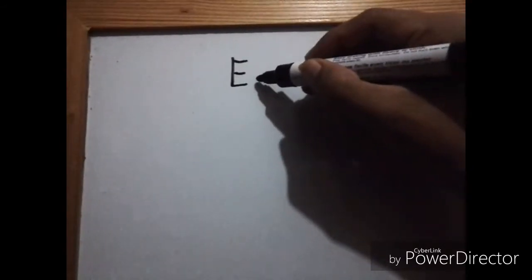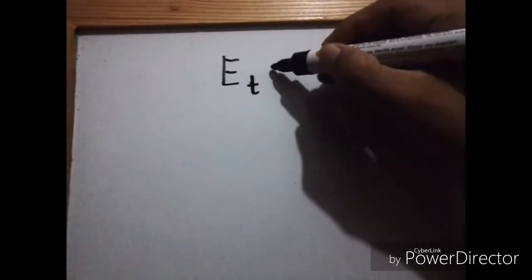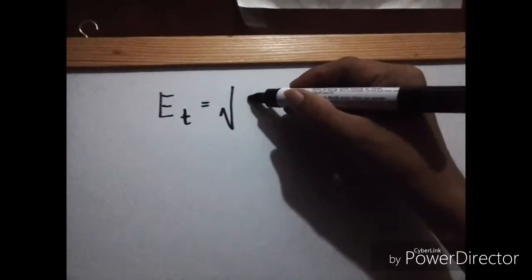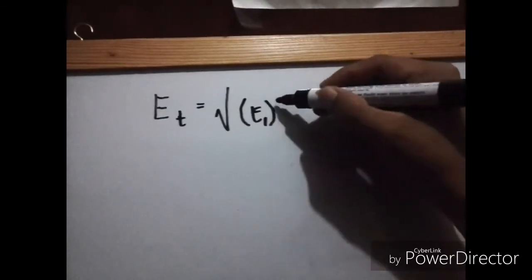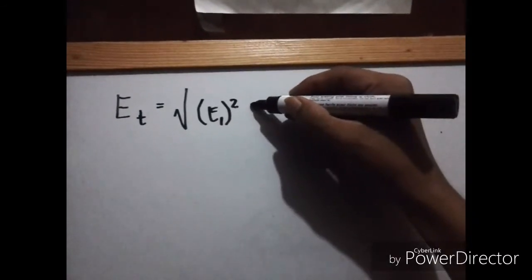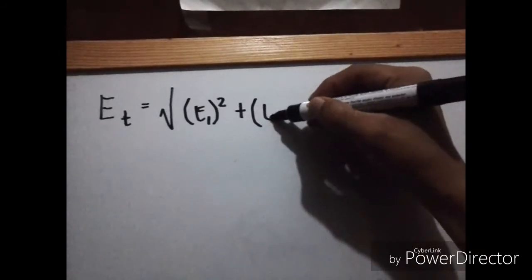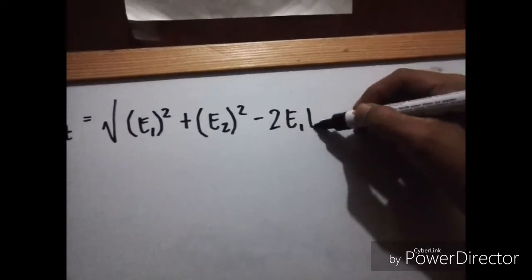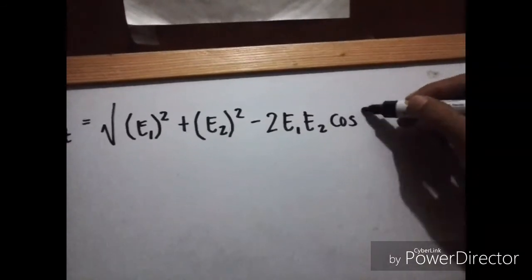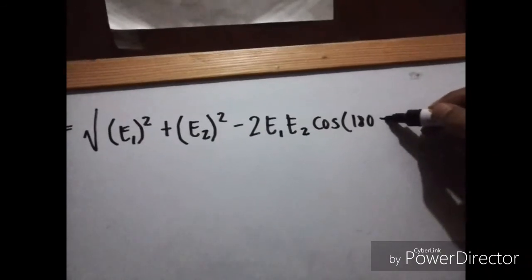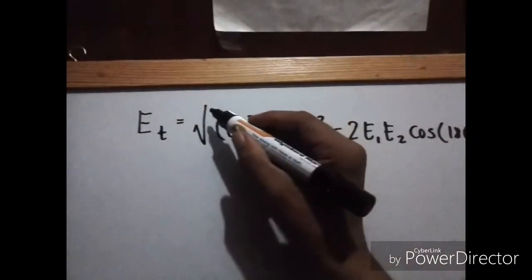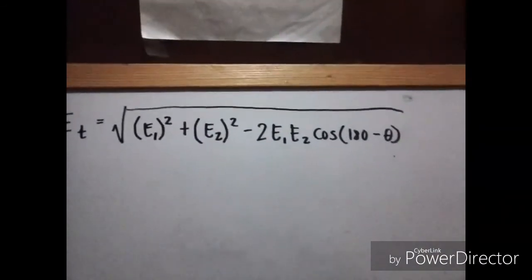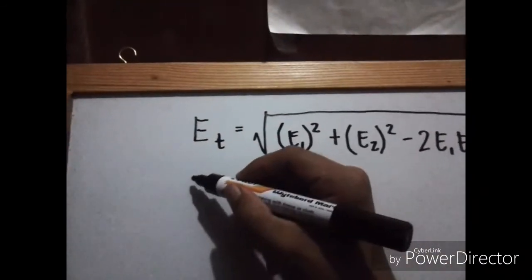E sub t is equal to the square root of E1 squared plus E2 squared minus 2 E1 E2 cosine of 180 minus theta. Plug in the values.